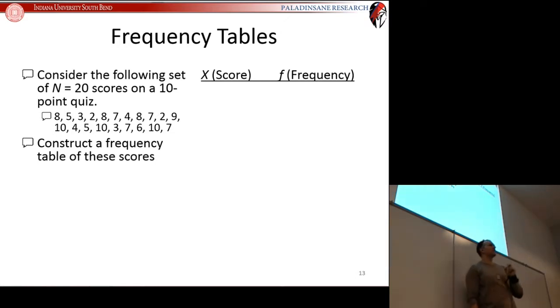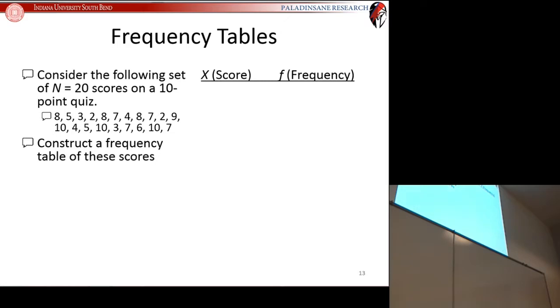When it's in a frequency table, read it as the possible scores. So in a frequency table, it's not the actual scores, it's the possible scores. So that's going to help you not make a mistake that I'll point out in just a little bit once we get familiar with it. But read this as the possible scores.